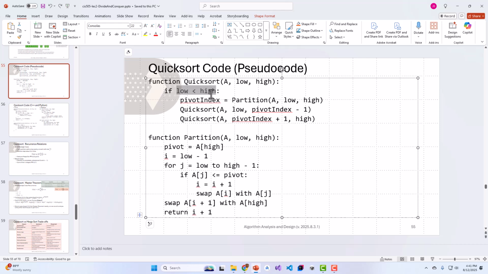So it will act as a continuation statement, or the recursion continuation statement. So we call partition to find the pivot rather, and then quicksort is called on each of the halves, the lower half and then the upper half.